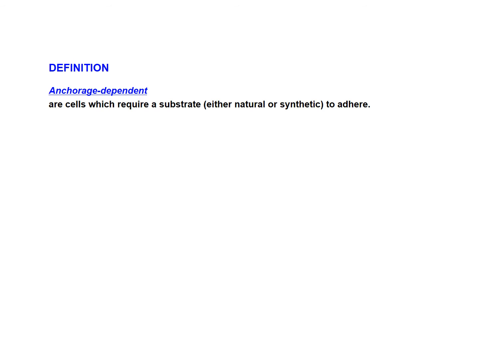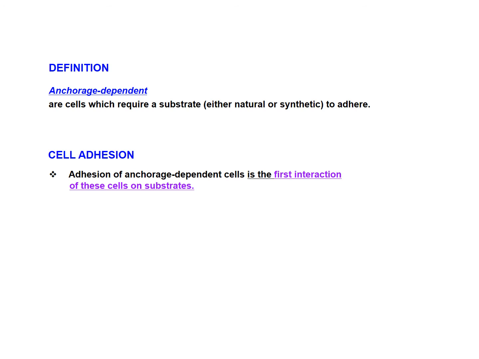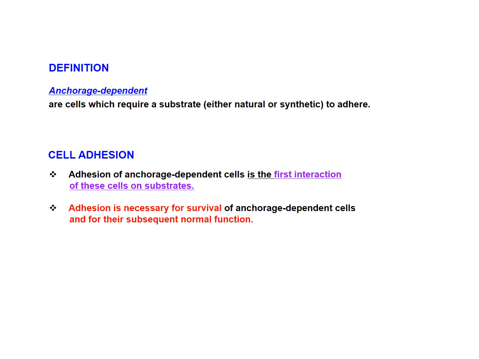Those are the cells which require a substrate, either natural or synthetic, to first and foremost adhere. Cell adhesion of anchorage-dependent cells is the first interaction of these cells on substrates, and it is necessary for the survival of anchorage-dependent cells and their subsequent normal function.